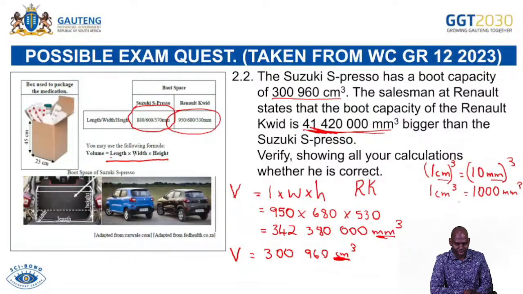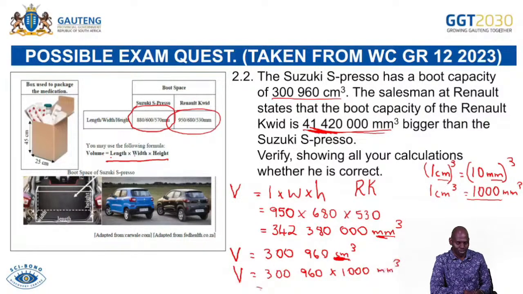So what do I do in this case? If I want to convert from a cubic centimeter to a cubic millimeter, I must multiply by 1,000. Here I've got cubic centimeter, so therefore the volume V equals 300,960 multiplied by 1,000, and it's now going to be millimeter cubed.